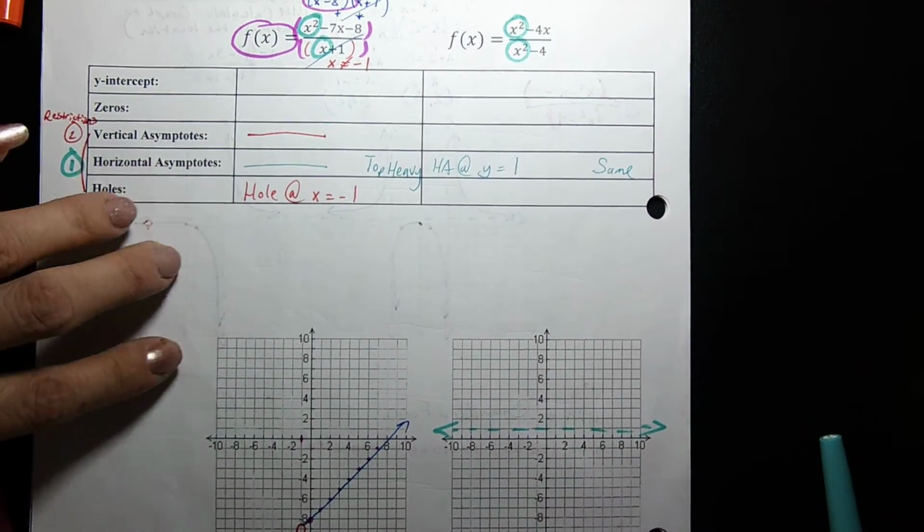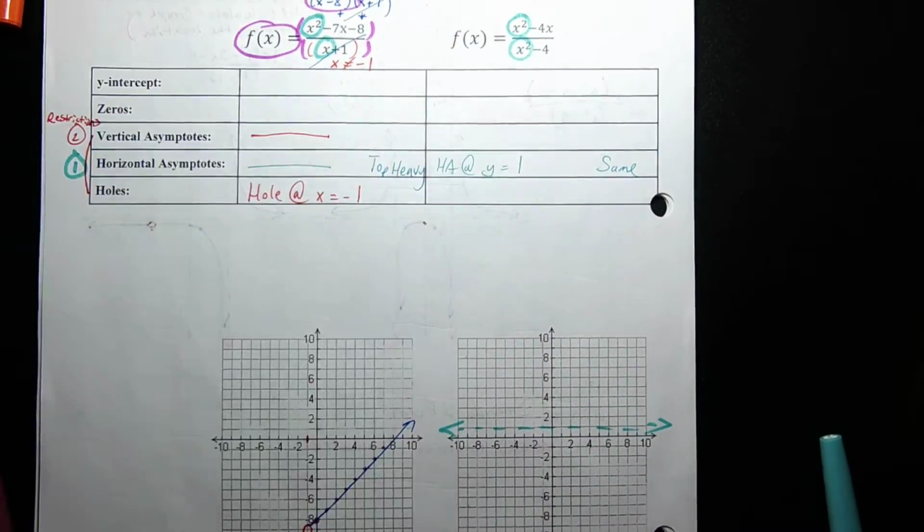On your own, see if you can figure out the restrictions on the next one. Factor, look at the denominators, and look at whether anything cancels to distinguish between a vertical asymptote and a hole.